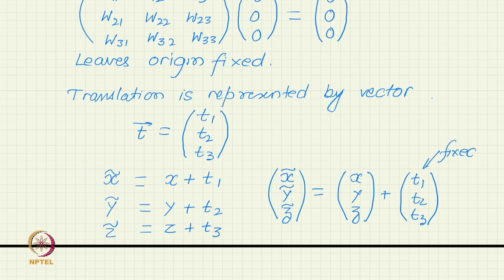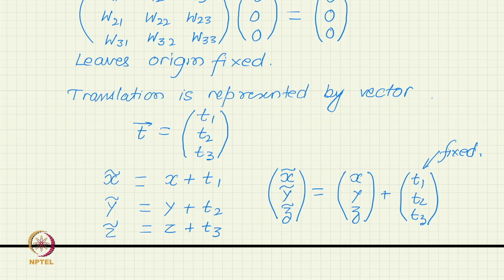So, this vector is a fixed vector. When points are moving in rotation also, you can write the final point is equal to the initial point plus some displacement vector. So, this kind of equation can be written for a rotation or for a point symmetry operation also, but then for different x y z there will be different displacement vectors, and for some x y z the displacement vector is 0, that is the invariant point.